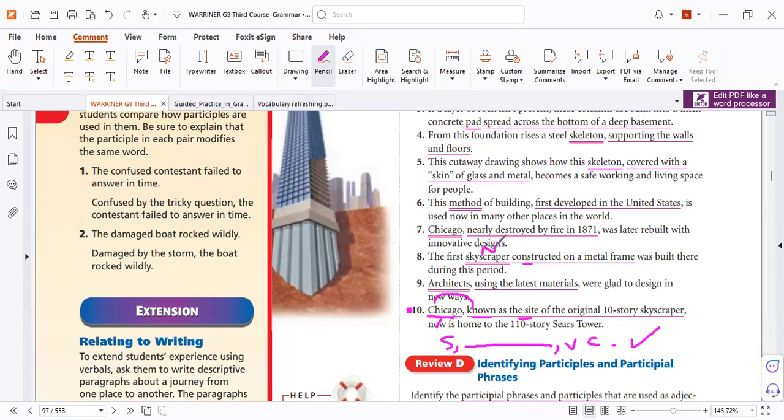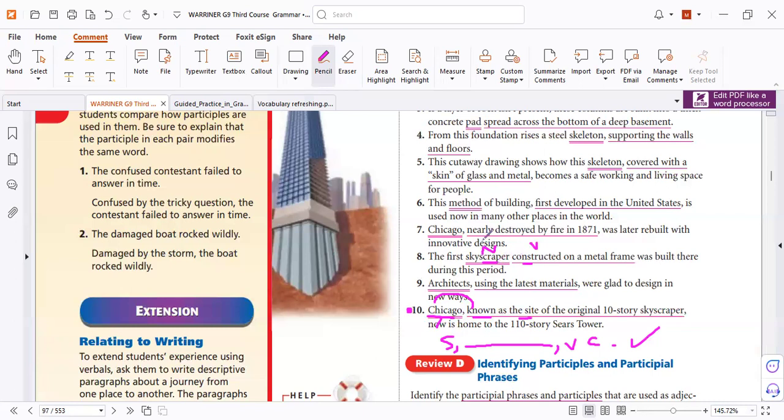This is a noun. This is a verb. So this verb is done, remember, by the noun before. So remember, the skyscraper was constructed, not a skyscraper constructed, because how could a skyscraper construct itself? So be careful. You feel it?